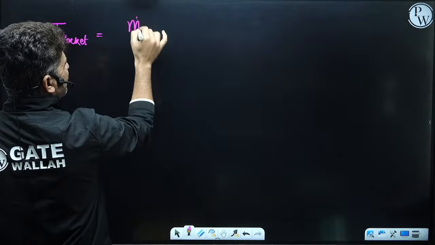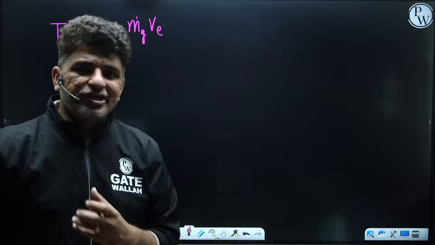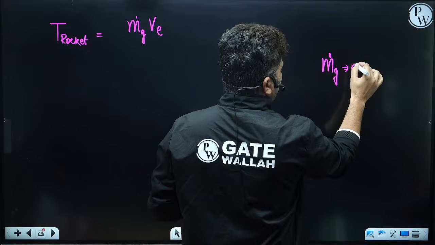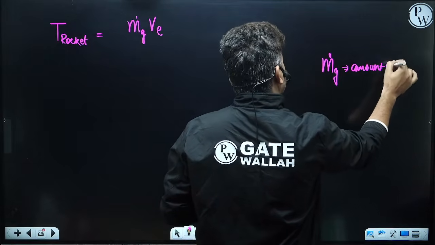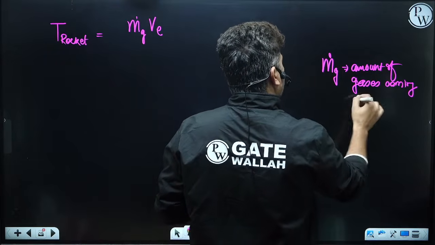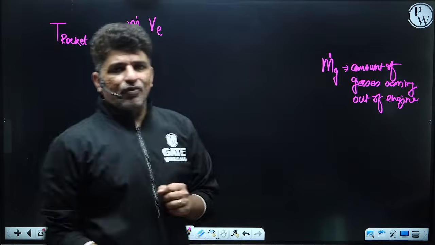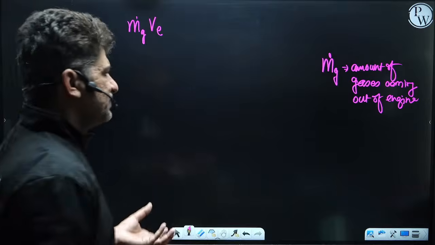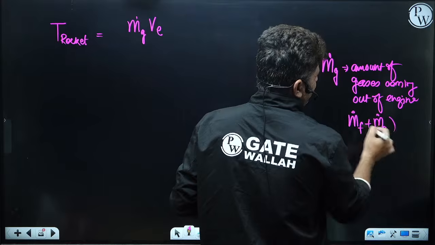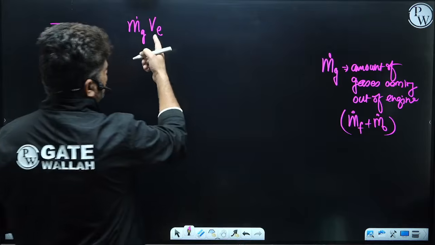So mass flow rate of gases multiplied by V exit, where m dot g is the amount of gases coming out of the engine, which consists of mass flow rate of fuel plus mass flow rate of oxidizer, into V exit.